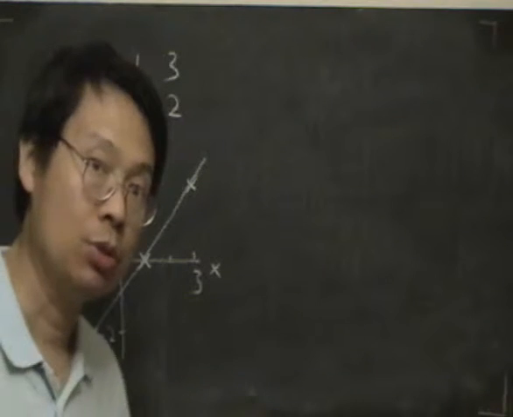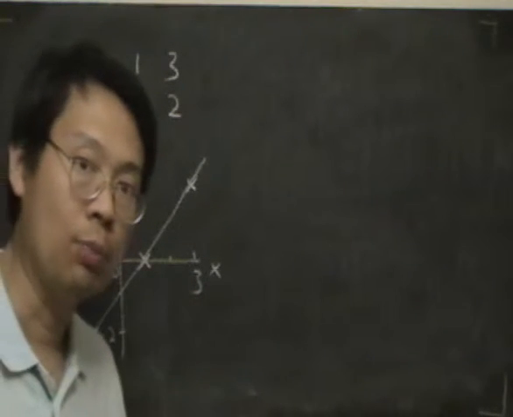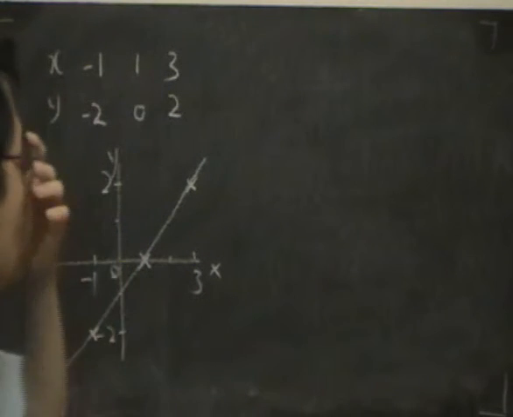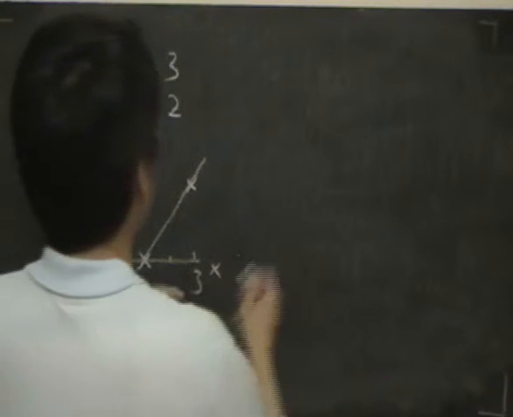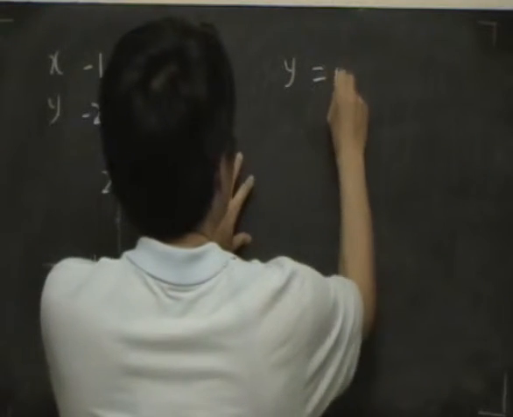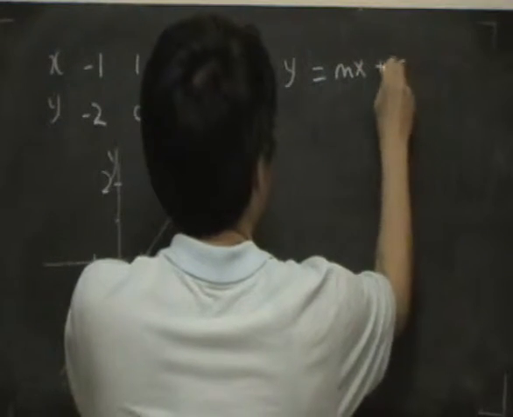The way to do it is to remember the form for the equation of the straight line. There is a formula for the equation of a straight line. It is y equals mx plus c.